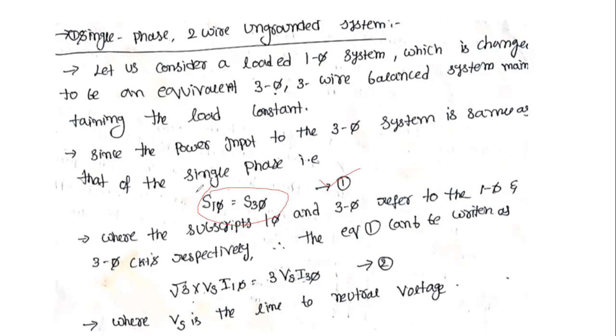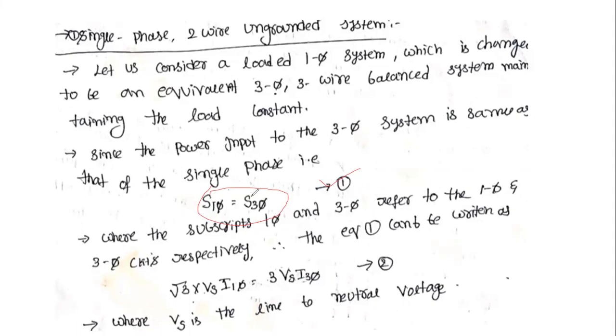Equation 1 can be rewritten as root 3 times VS times I single phase is equal to 3 times VS times I three phase. This is the single phase power and this is the three phase power.